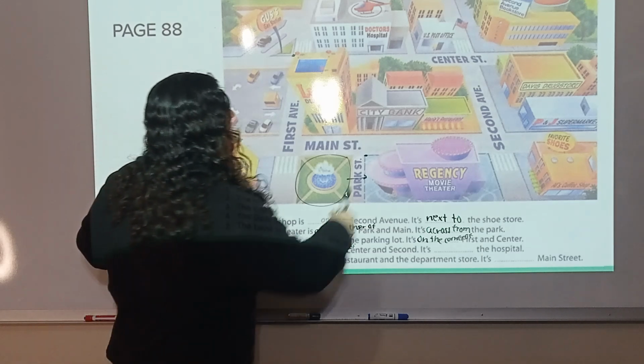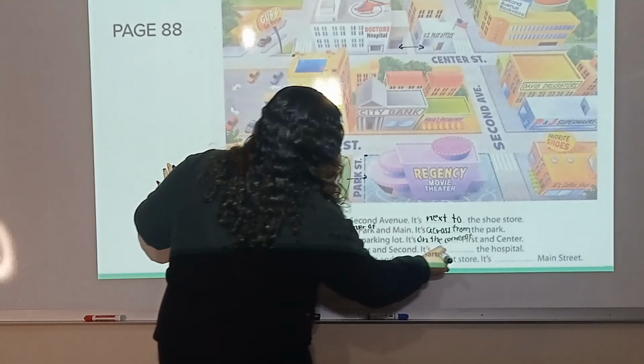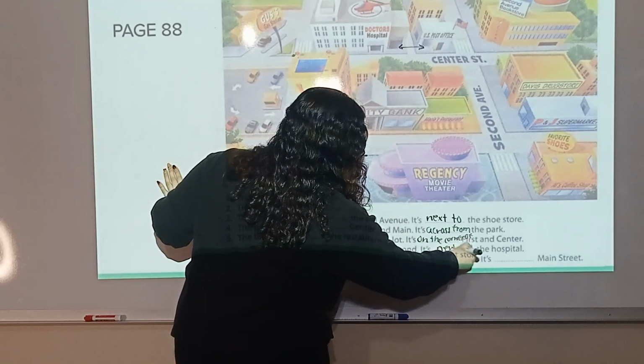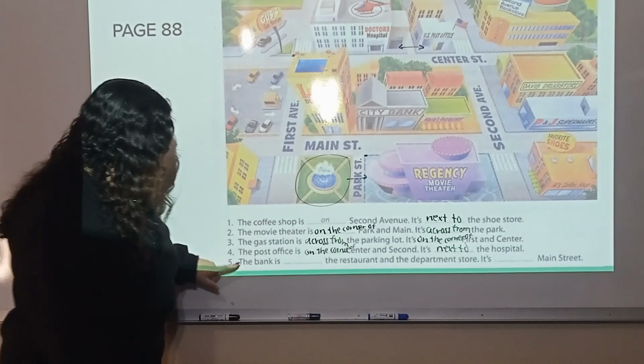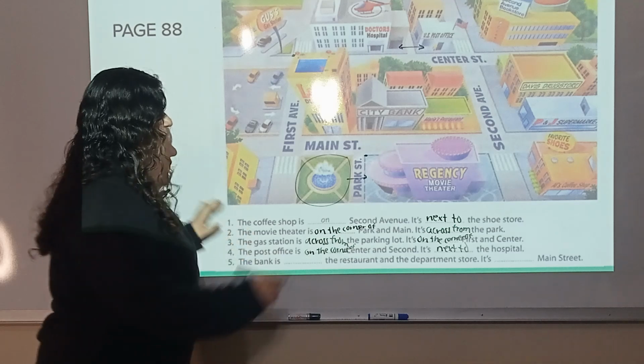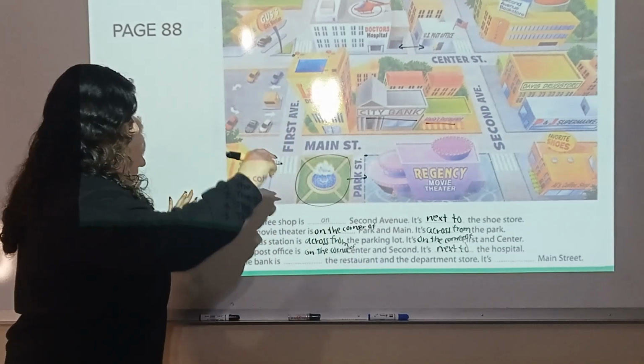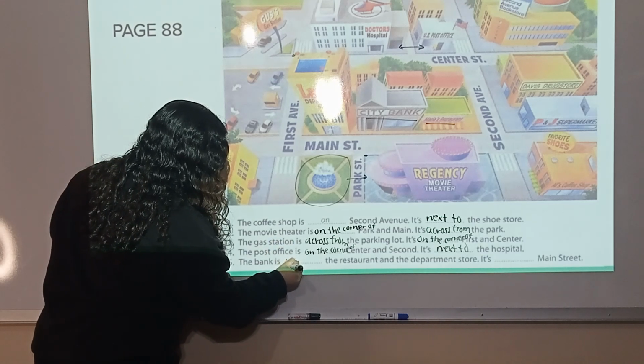It's the hospital. As we can see, they are right beside each other, so we're going to say next to. On the last sentence, we have the bank is the restaurant. So we have to take a look at the bank and the restaurant, and we can see that they are beside each other, so next to.